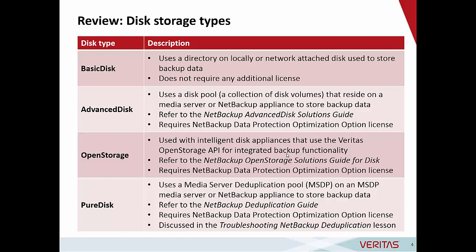The big thing here is, we've seen a lot of vendors making backup appliances that have features such as replication that they could be conducting and NetBackup might not be aware of.